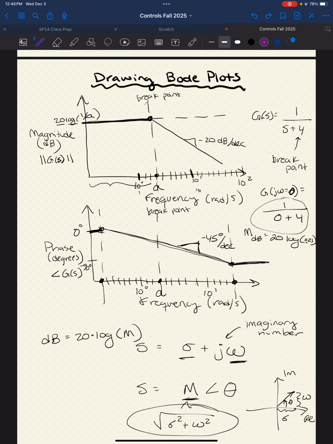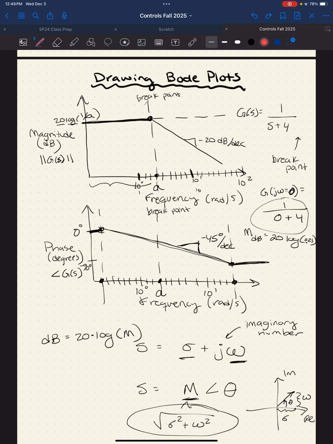So now, let's talk about handling multiple poles at the same time. Let's say we've already drawn the Bode plot for 1 over s plus 4 in black. Let's choose a brighter color.